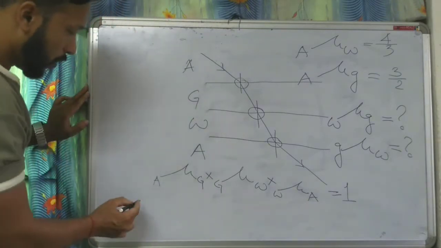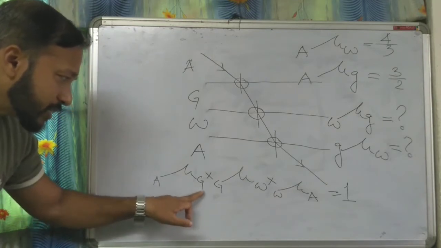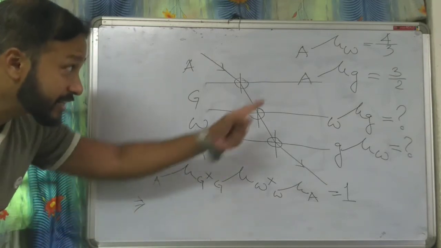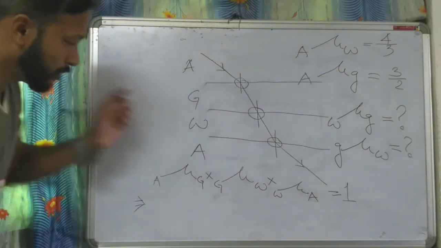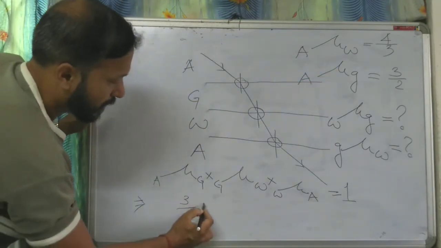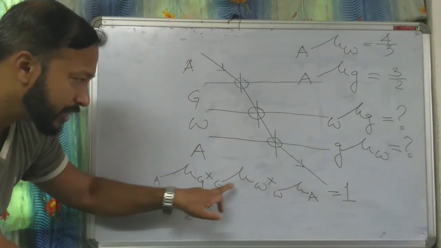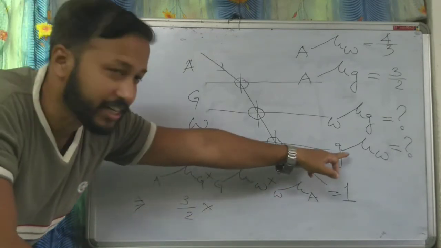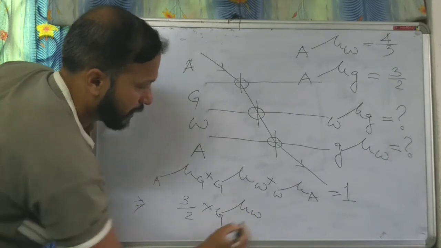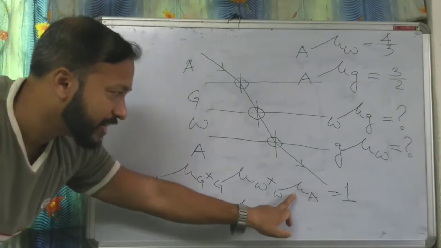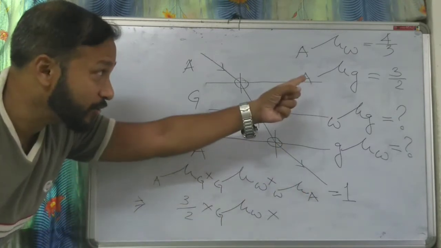This is the refractive index of glass with respect to air, which is given as 3/2. So we'll write 3/2 into this, which is the refractive index of water with respect to glass. We have to find it. So just write this into this, the refractive index of air with respect to water. The value, see the value?